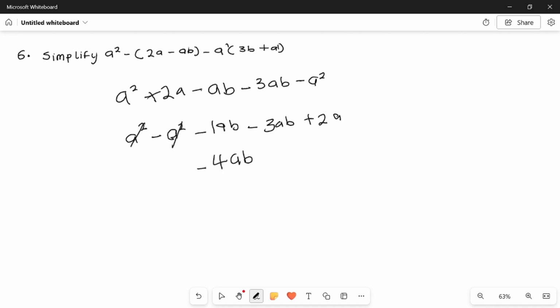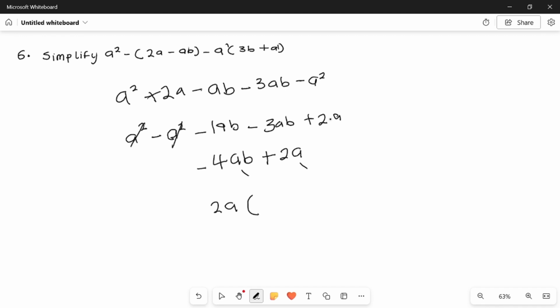So it will be minus 4ab, then plus 2a. If we check what is similar between both of them, we have that a is similar. We also have that 2 can go into 4 to get 2 and 2 can go into 2 to get 1. So we can factorize and have 2a into 2a divided by 4ab.